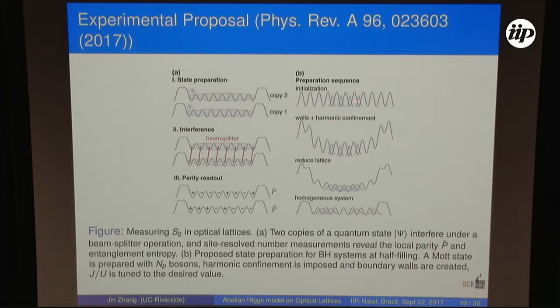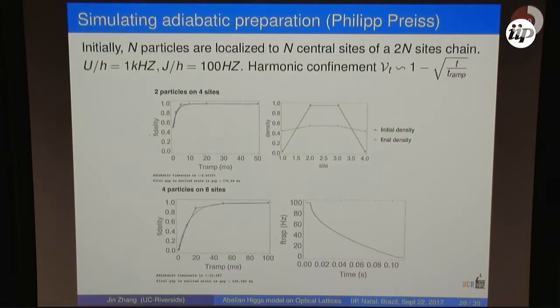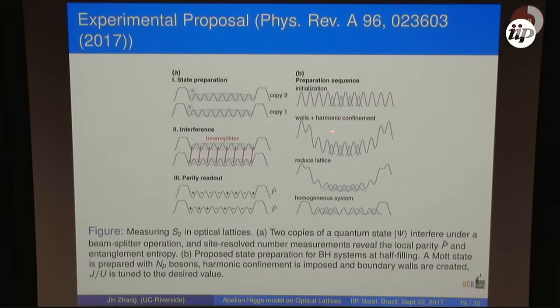So Mott insulator, 4 particles, and then we add 2 walls on the boundary, and add harmonic confinement. And we diabatically reduce the confinement. We will finally get the ground state of the half-filling Bose-Hubbard model.